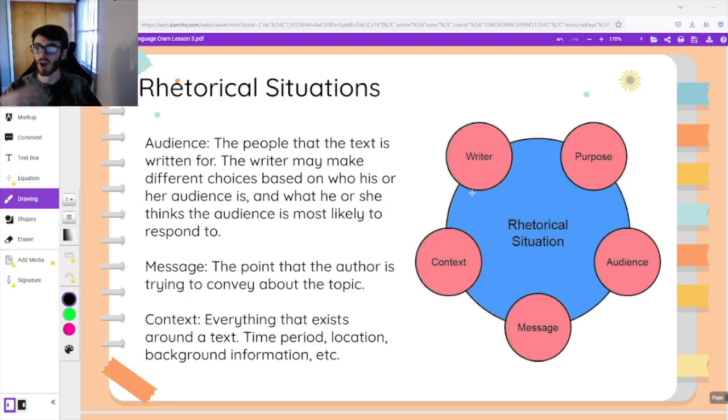Basically, everything that's going on at the time that the text is composed is the context of it. Context could also be like, are they replying to someone else? Or maybe there is some other text that influenced the writer while they were writing this text, stuff like that.